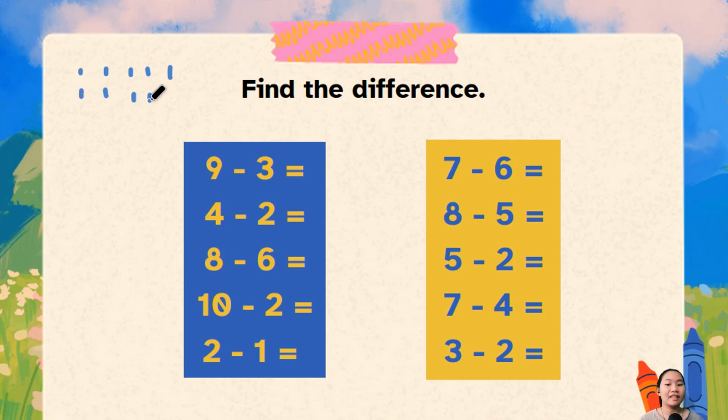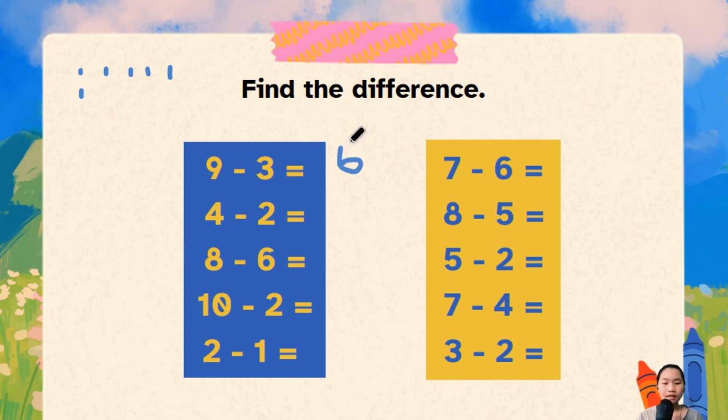Okay? And then I minus 3. So I'm going to erase 3. How many do I have left? 1, 2, 3, 4, 5, 6. Okay? Now, if you add 6 to 3, you would get 9.